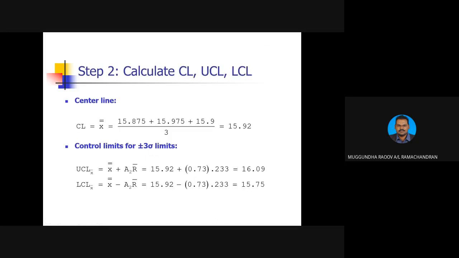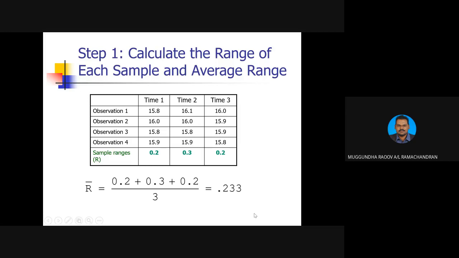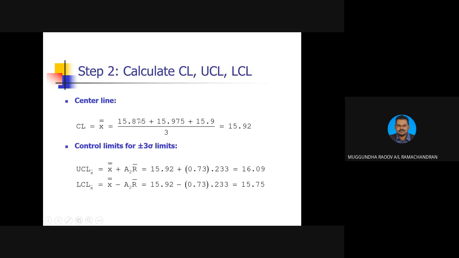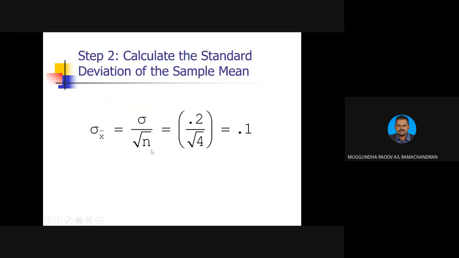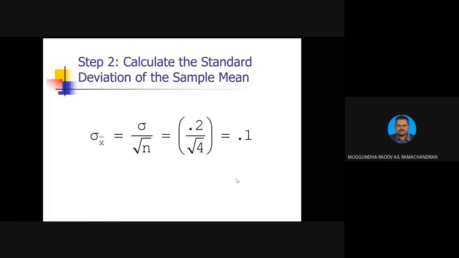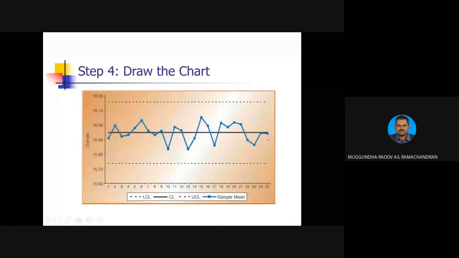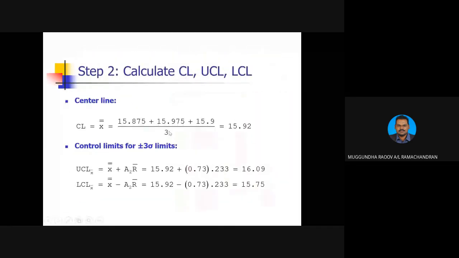Now once we find the mean of the range, here we will find the central line. Again class, the central line follows the previous table. The central line is 15.92.